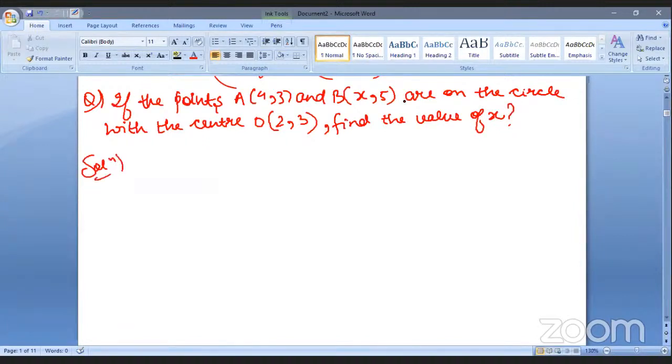If the points A and B are on the circle with this center, then we have to find out the value of x. Try to do it. You have 2-3 minutes.